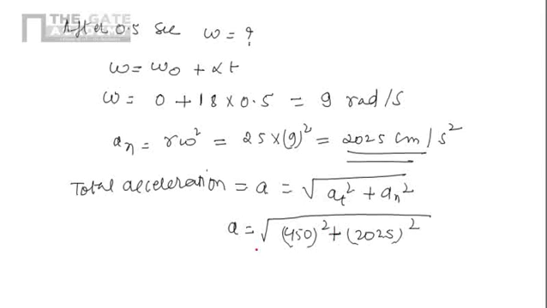If we solve this, we get the value of a as 2074.14 centimeter per square second. This is the desired acceleration of a point on the rim of the pulley 0.5 second after it starts from rest.